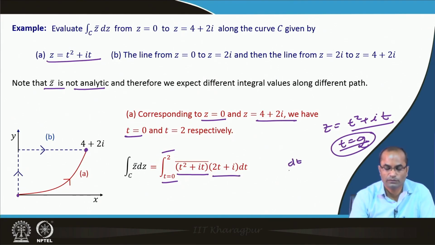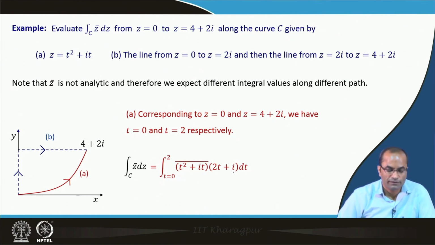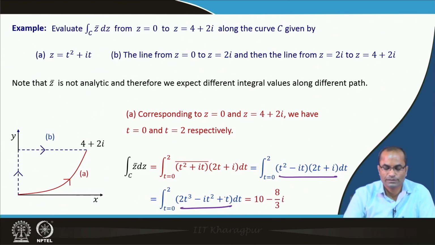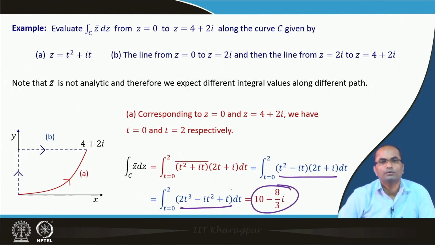The dz over dt, given z, is 2t + i. Then the integral over dt is a simple integral that we have to evaluate. We make this product and then integrate over t. After this integration we observe that the value is the complex number 10 − (8/3)i.